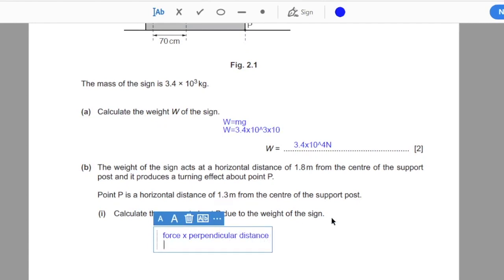So they're asking due to the weight of the sign, which we calculated in part A, which is 3.4 times 10 to the power 4, multiplied by the distance, we just calculated 0.5 meters, and your answer will be 1.7 times 10 to the power 4 newton meters.